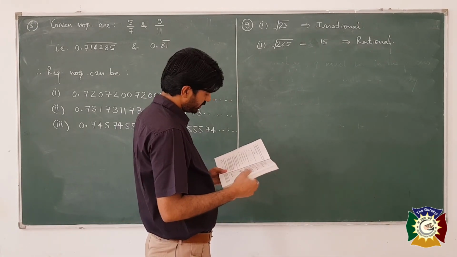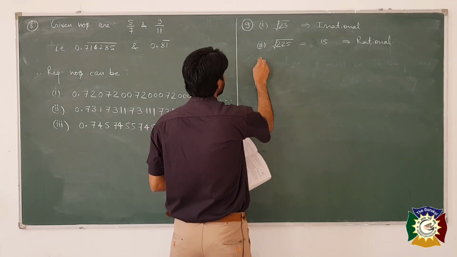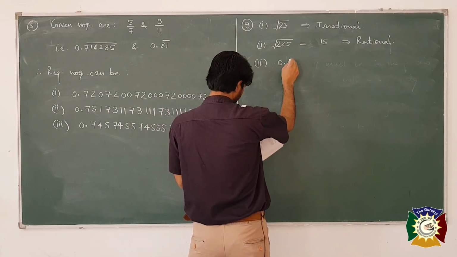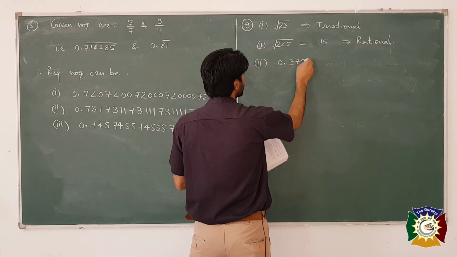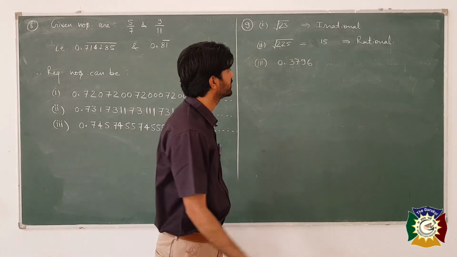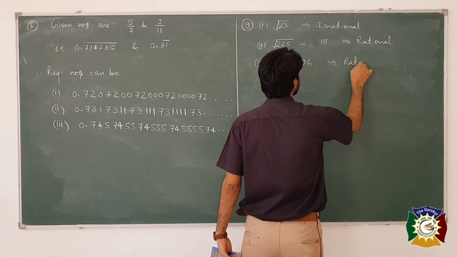Okay, next, third is 0.3796 and it terminates. If it is terminating, then it is rational. So it is rational.